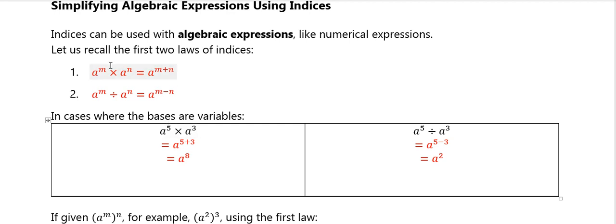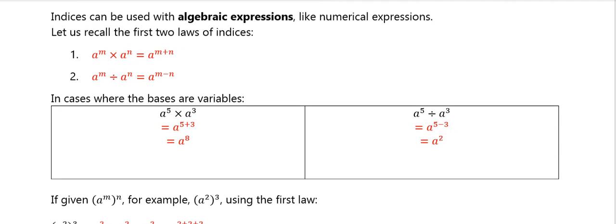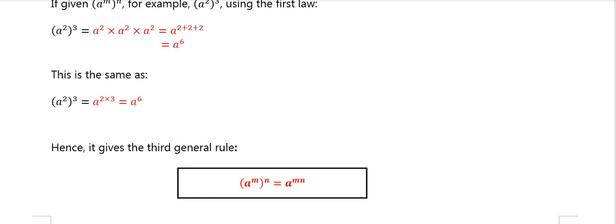When you multiply, you add the powers, and when you divide index numbers with the same base, you subtract the powers. And then this law regarding when you have a power on an index number, you multiply the powers. That's the third law.